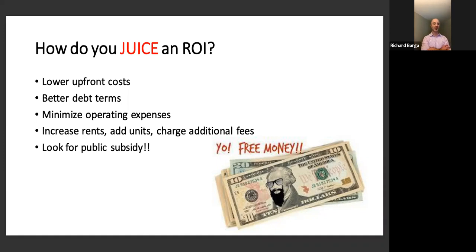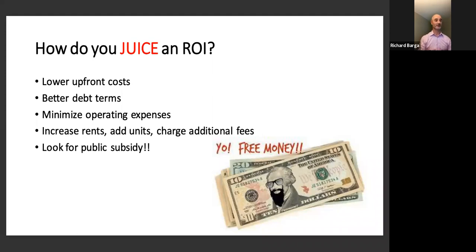Maybe you don't want to make those capital improvements. Those are costs that you can determine whether or not you want to pay. By minimizing costs, you get a higher NOI, and a higher NOI gives you a higher cash flow. And then you can increase your income.